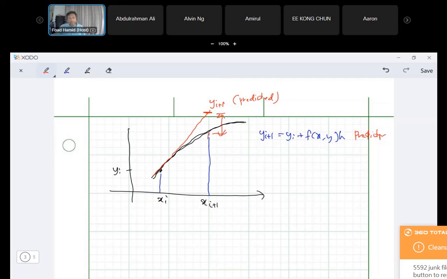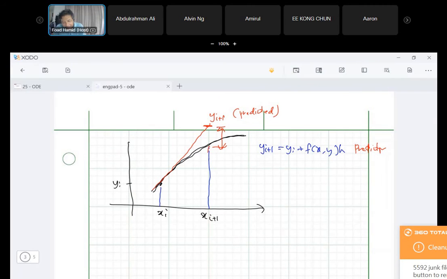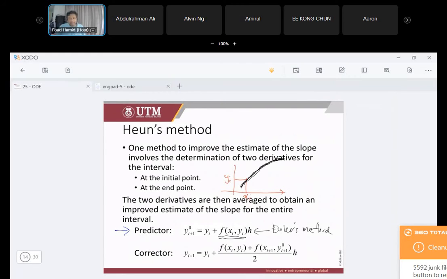So now the next thing is to use the corrector. If you look at this, it says there are two steps in Heun's method. The first one is to predict. Once we get the value, what we need to do is to make a correction. Note that at the corrector, this is our first slope, the same thing as this one.